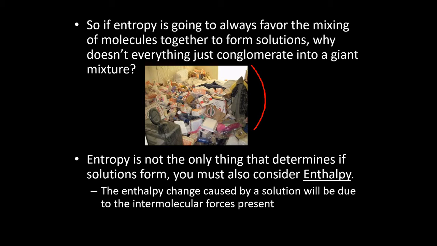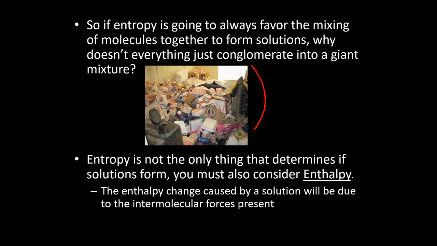Why isn't the whole universe like that? And the answer is that entropy is not the only thing that determines if solutions are going to form. There is a second force at play here, and that is enthalpy.